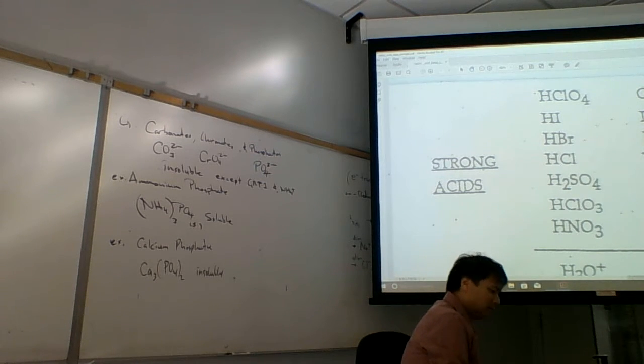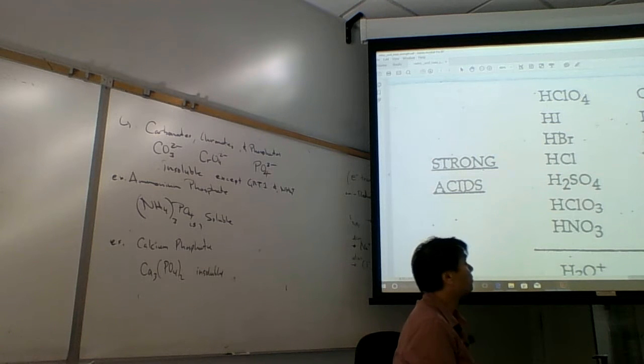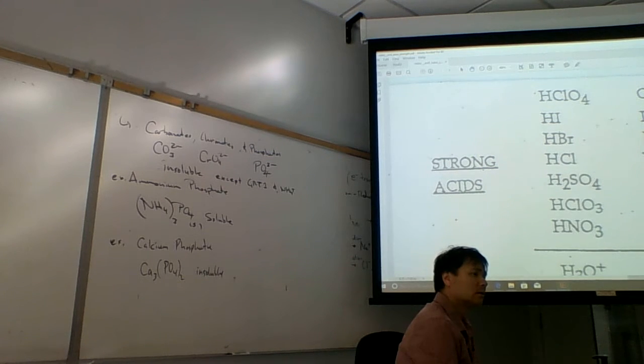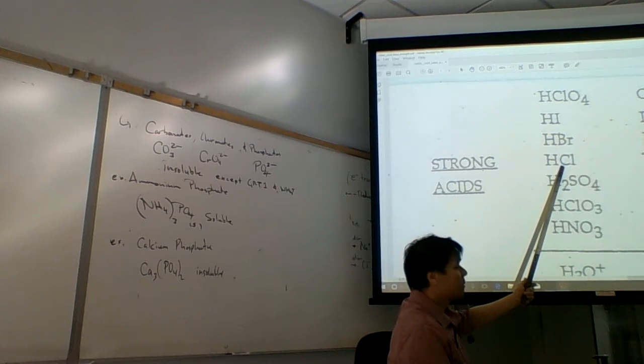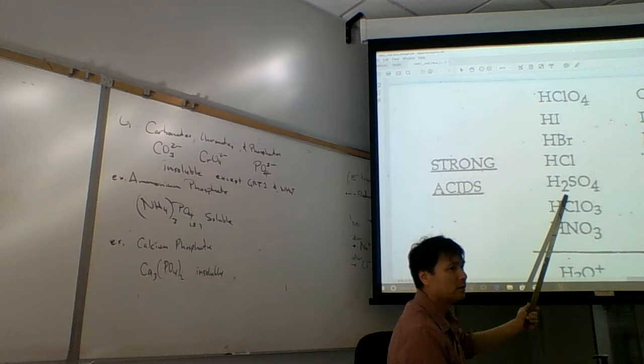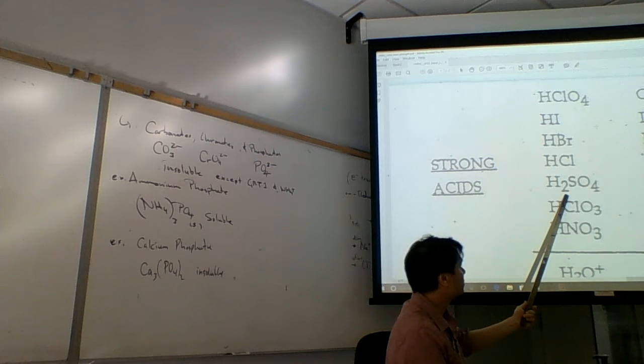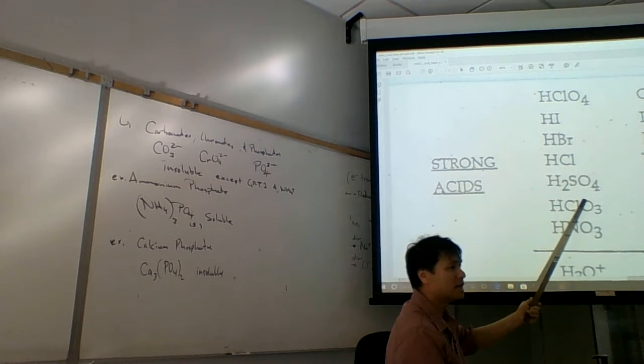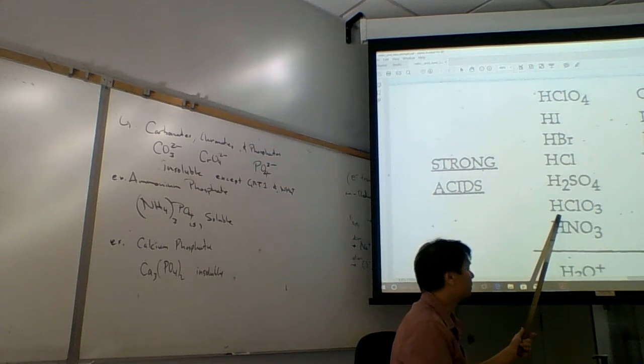What's number 3? HBr, which is called hydrobromic acid. Below hydrobromic is hydrochloric. Below hydrochloric is sulfuric acid.